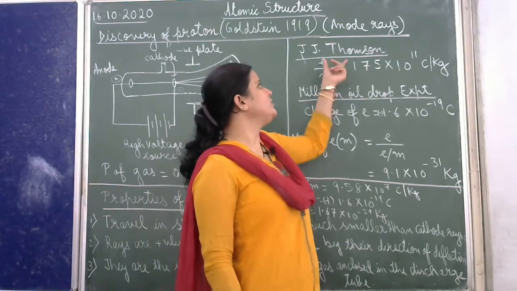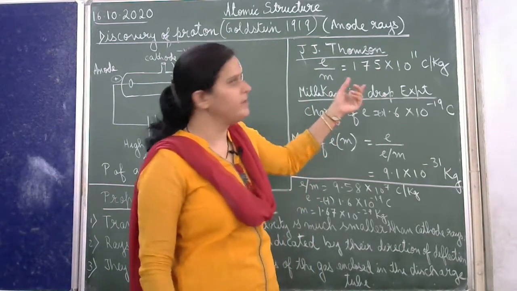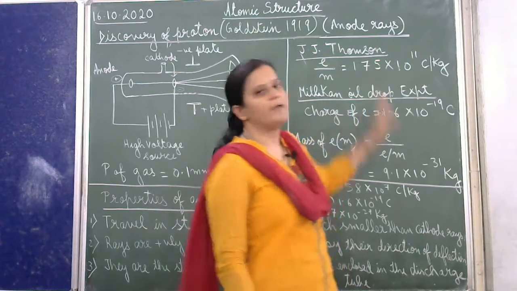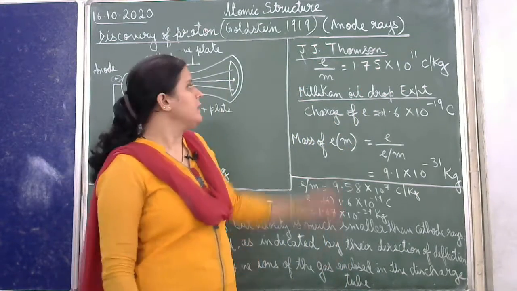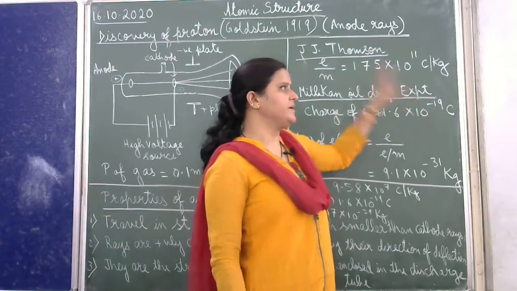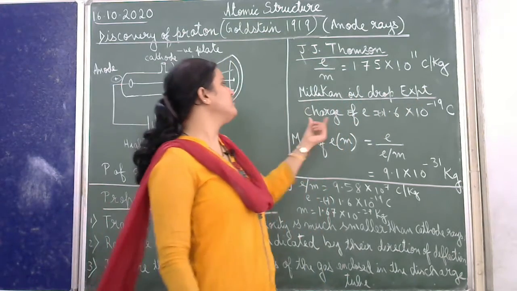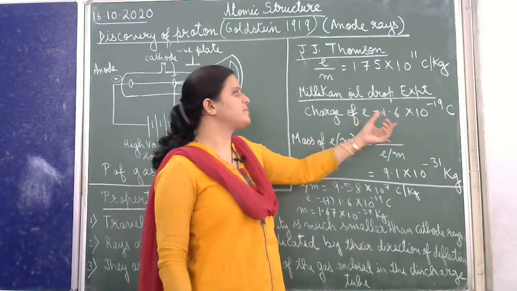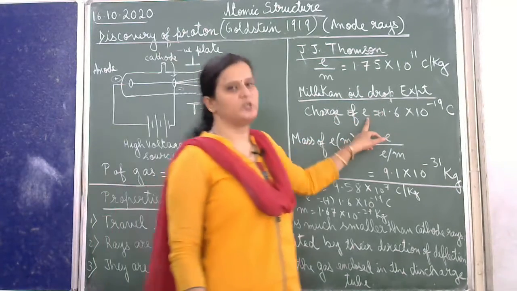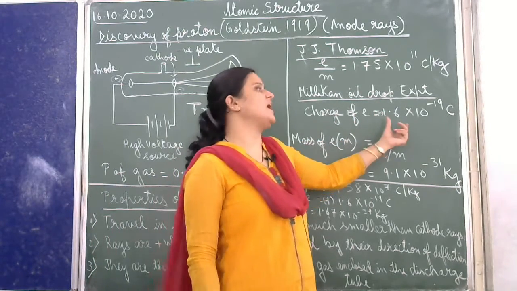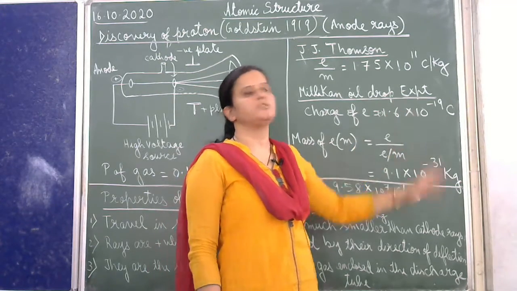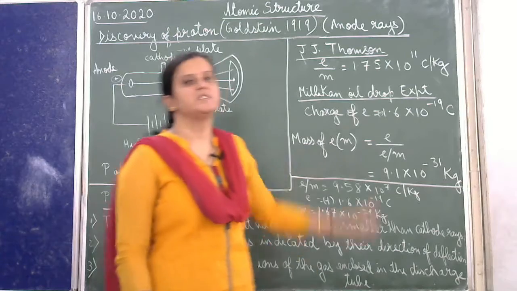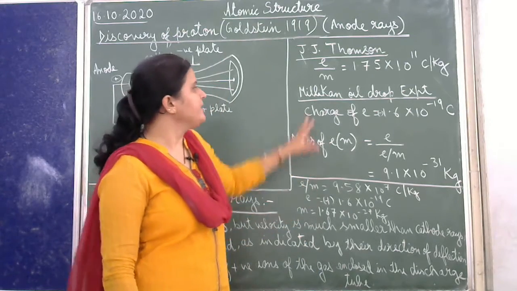So, this value of e/m for an electron comes to 1.75 × 10^11 coulomb per kg. In the Millikan oil drop experiment, the scientist performed this experiment to calculate the charge of the electron. The electron is negatively charged, and its charge is 1.6 × 10^-19 coulomb.